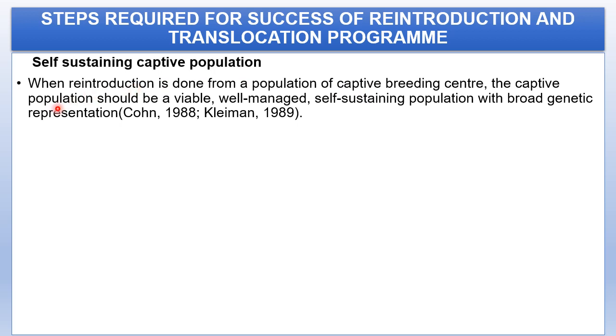That means the population should be self-supporting, with a sufficient number of individuals and genetic diversity to ensure a high probability of survival.